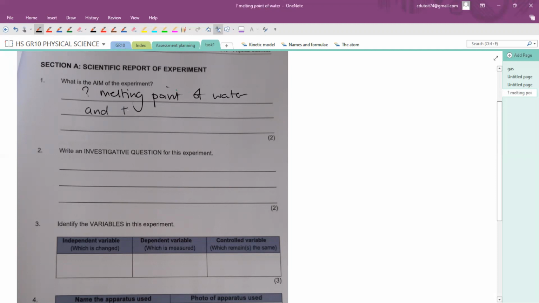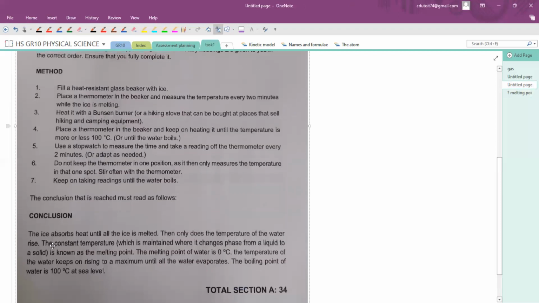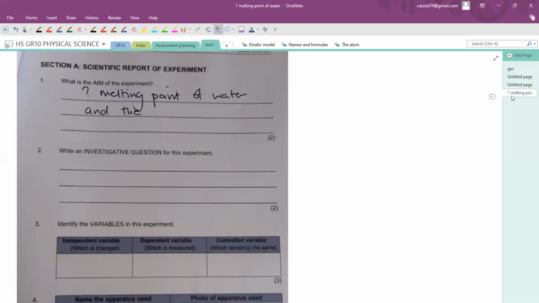And what is the term we use when something is a gas and becomes... oh no, you're starting the experiment with ice, isn't it? Yes. Okay, so it is what? Melting point and boiling point, isn't it? Yes, sir. Melting point and the boiling point of water. Very good.